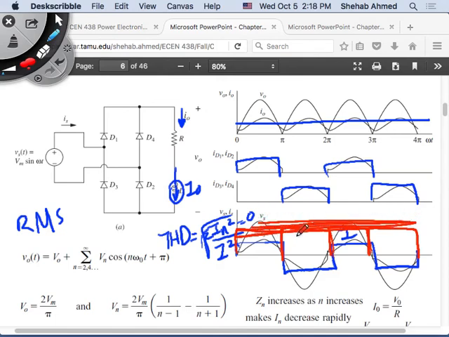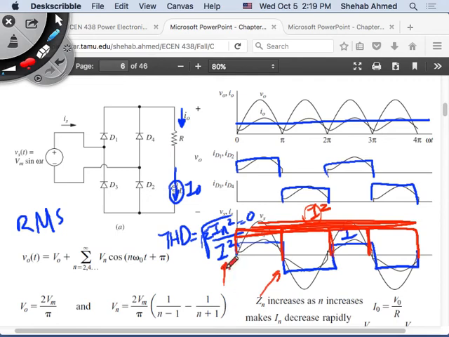Then take the mean value of that and put that under the root. What's the average value of a DC value? The DC value. What's the square root of a DC value squared? It's the DC value, right? So what is the RMS value of this waveform? I.